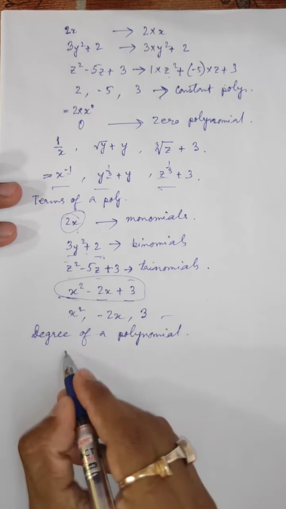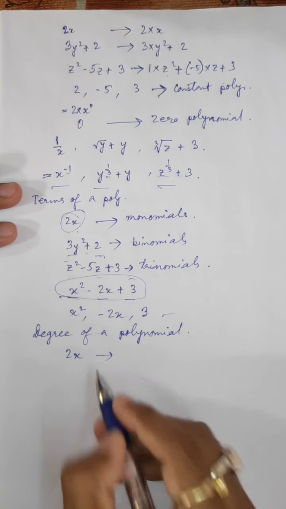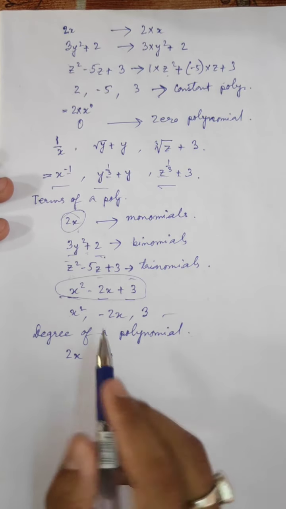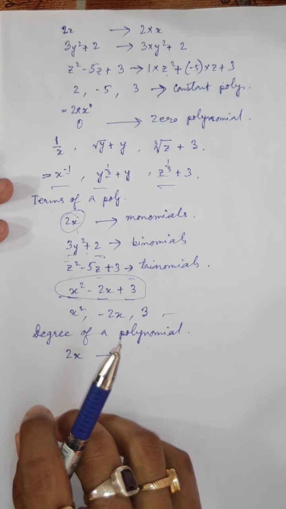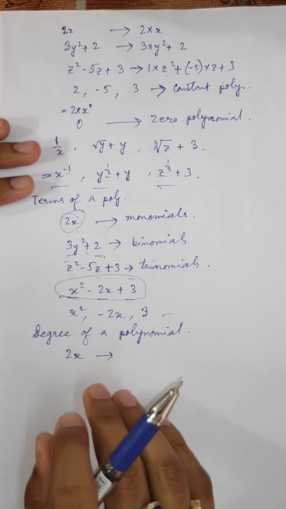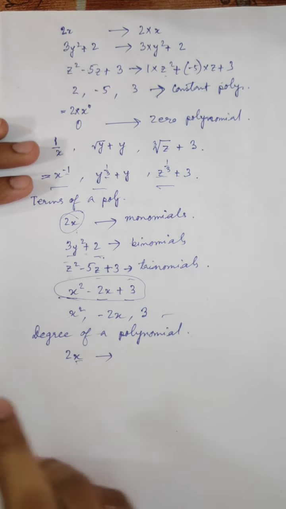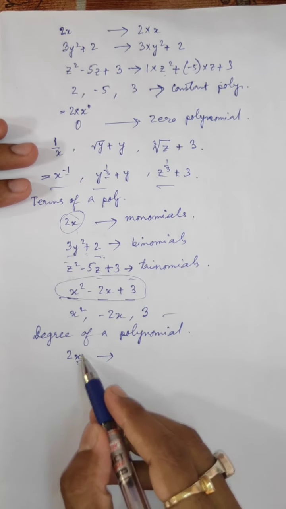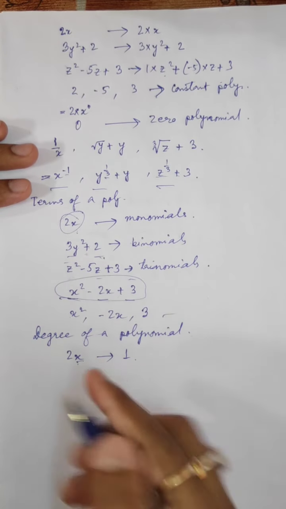So again we shall consider these polynomials. If I consider 2x, how can we find the degree? Degree is the highest power or exponent of a variable in a polynomial. The variable is x in this polynomial, and the exponent is 1, so the degree of this polynomial will be 1.